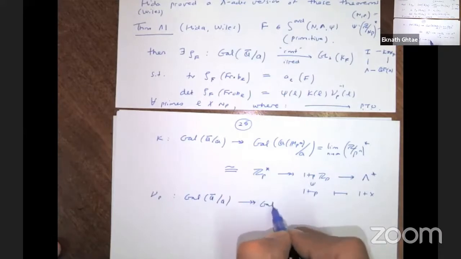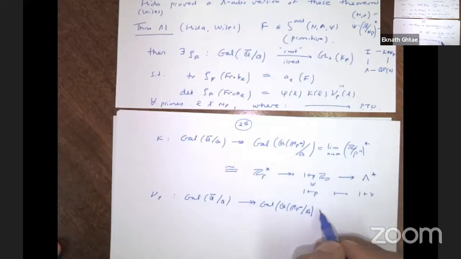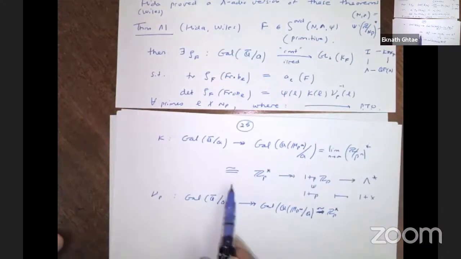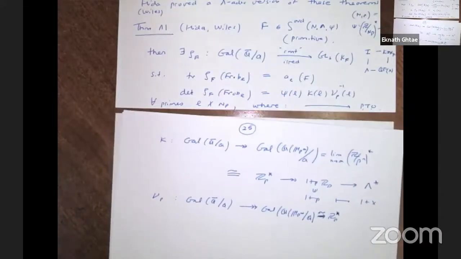You project the Galois group of Q to the Galois group of Q mu p infinity over Q. I'll skip a step here. It's equal to that projective limit, but it's just Zp star. And this is actually an isomorphism. You just stop at this point, Zp star. You don't do any further. Okay, just the first one or two terms of this thing above. So this is the L-adic cyclotomic character.